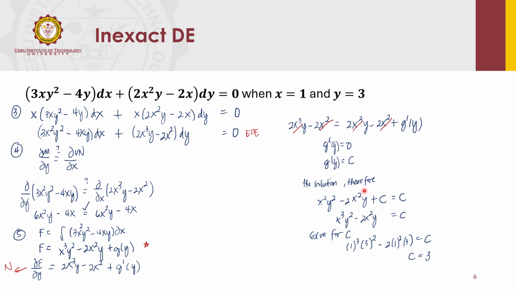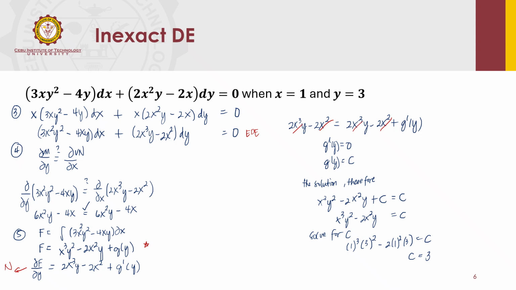Anyway, the value here of f is x cubed y squared minus 2x squared y, plus g of y, which is a constant. Basically, this is the value of f, and then we'll just replace the value of c with 3.